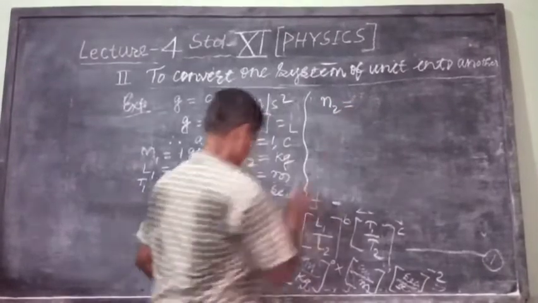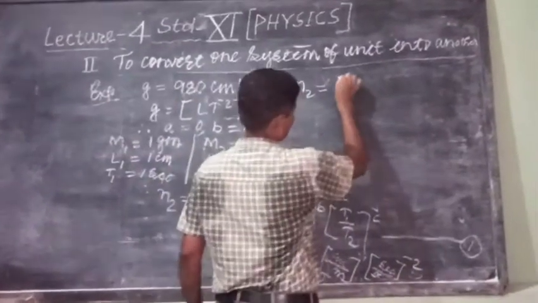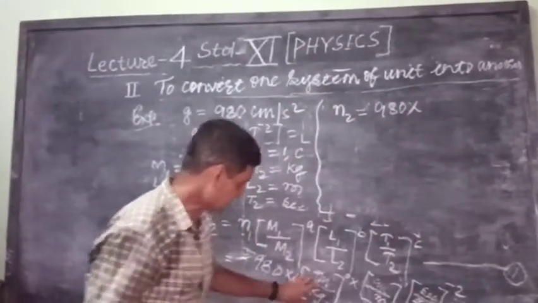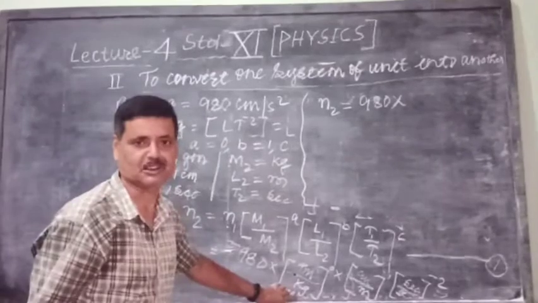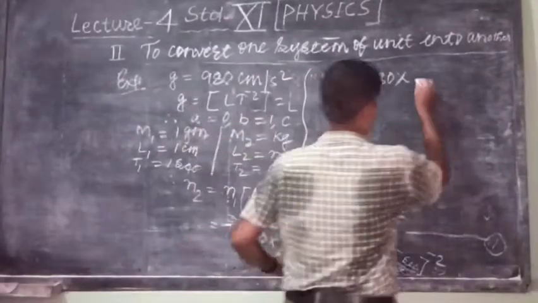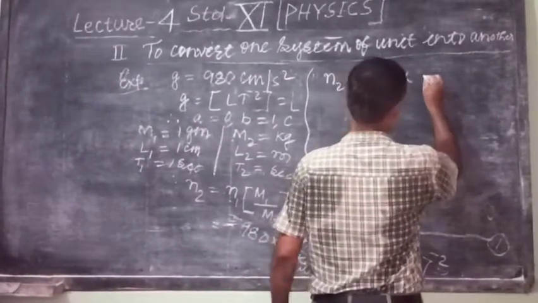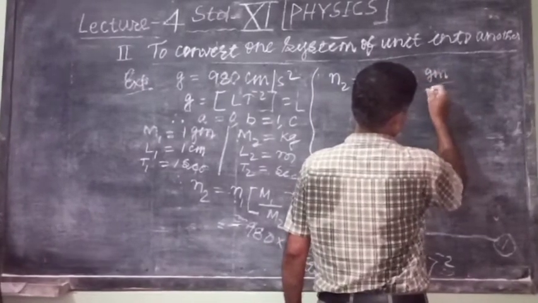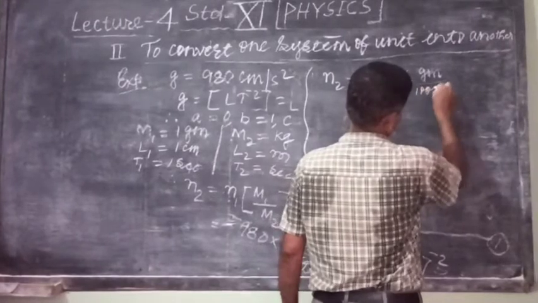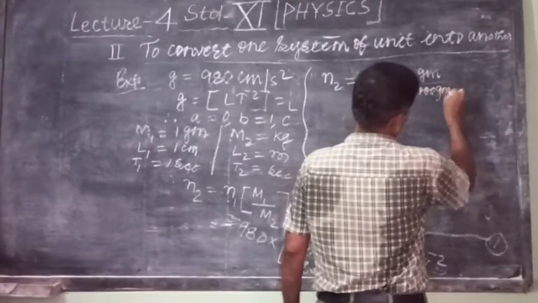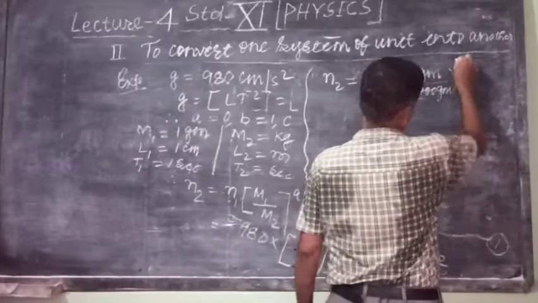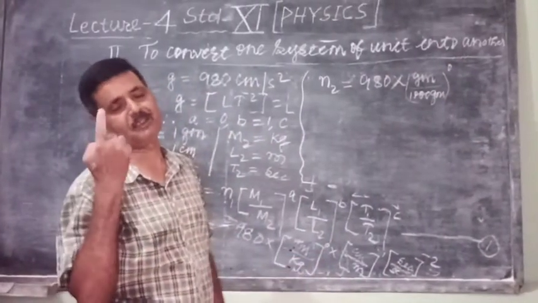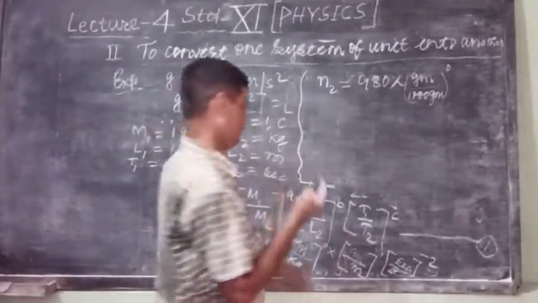This is in gram and this is in kilogram. There is a relation: gram by kilogram. 1 kilogram contains 1000 gram, whole to the power 0.